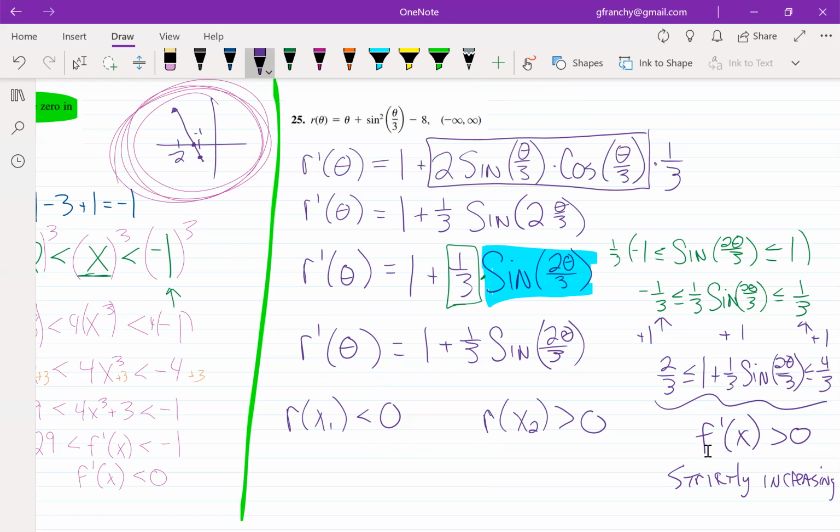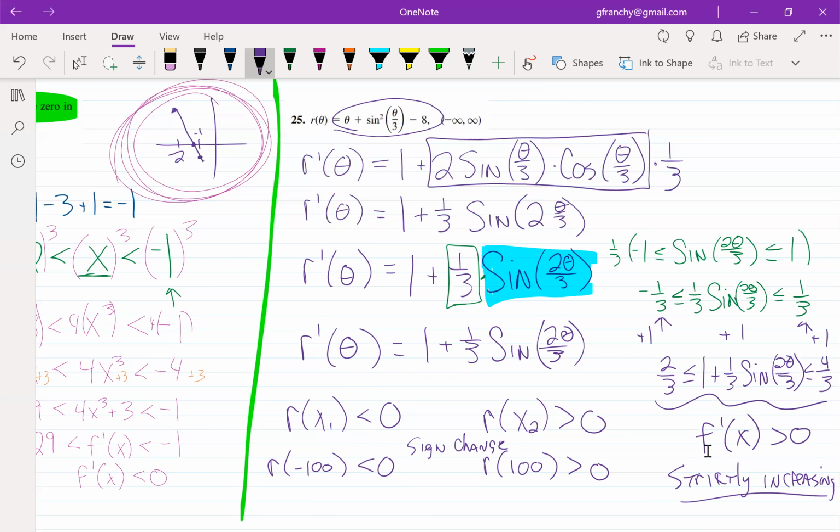So if I went ahead and picked something like negative 100, that's going to safely have this less than 0. And if I were to go ahead and pick r of 100, that is also going to safely have my original function greater than 0. So we are able to go ahead and establish that there's been a sign change.